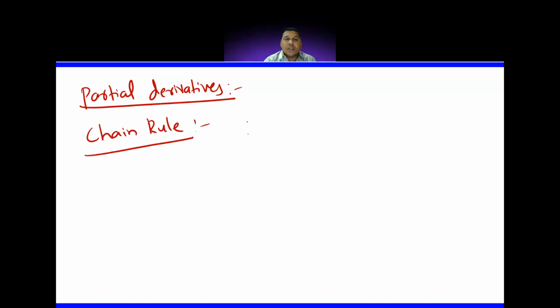So you have a function f of x1, x2. F is a function which is dependent on two variables x1, x2, and these two variables x1, x2 are represented as functions of t. Maybe I will say f is nothing but something like this: sin t plus cos t.